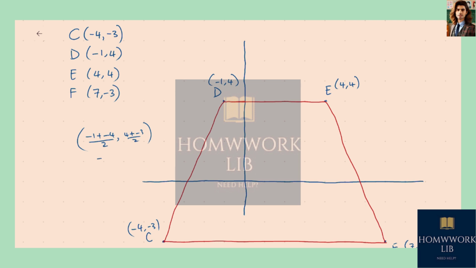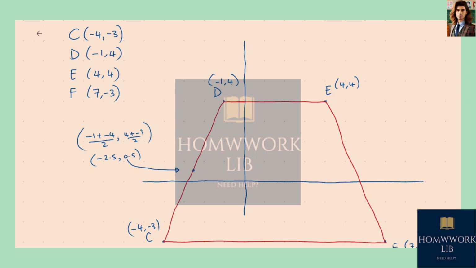When you divide by 2, it's going to be -2.5. And for the y, when you add 4 and -3, you get 1. Divided by 2 is 0.5. So the midpoint should be at -2.5 and 0.5. So it's at this point here. So that's the midpoint of the first leg.